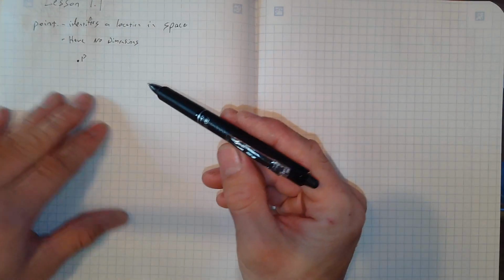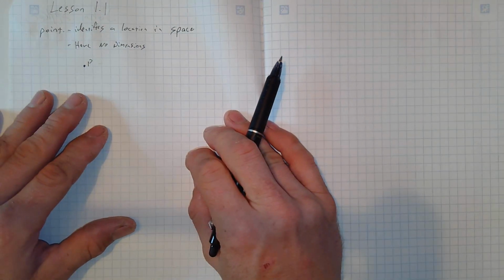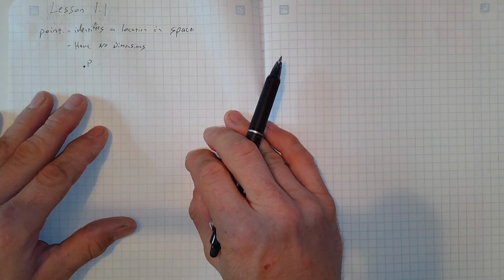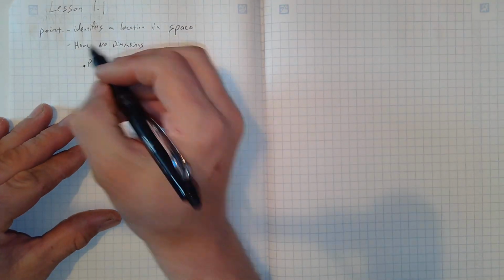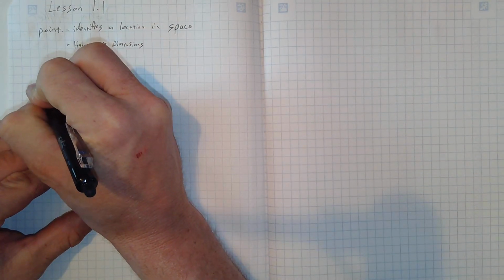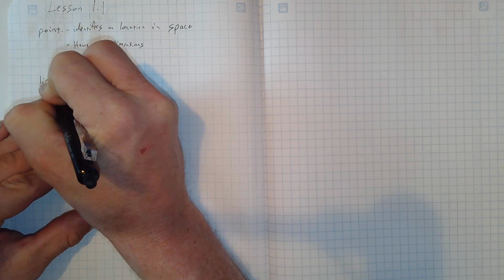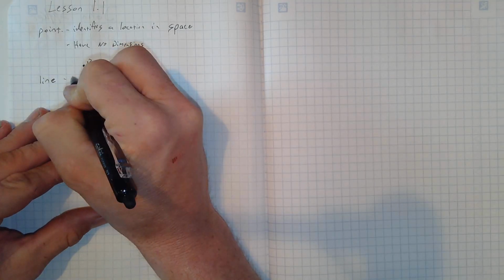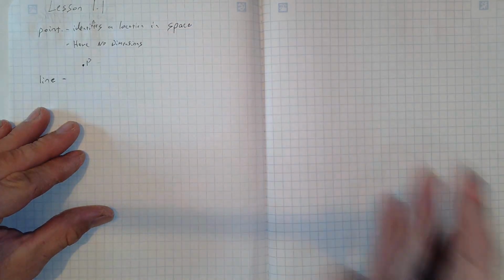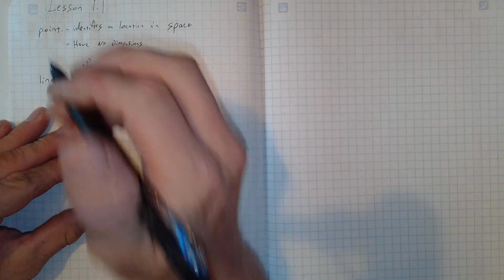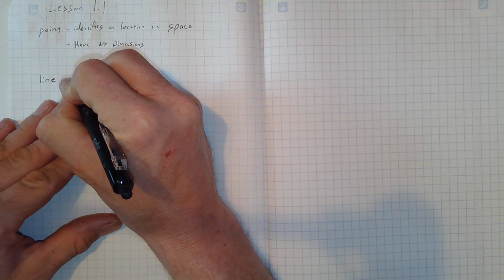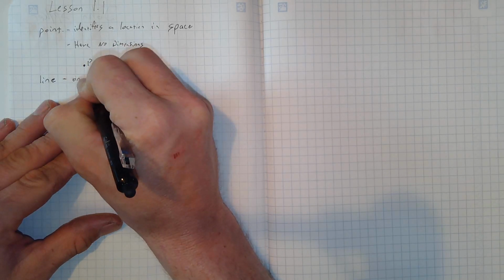That point doesn't really give us any useful information. But if I have another point, I can make a line. And a line defines the relationship between these two points in one dimension.